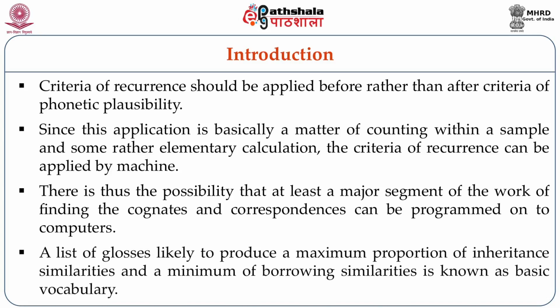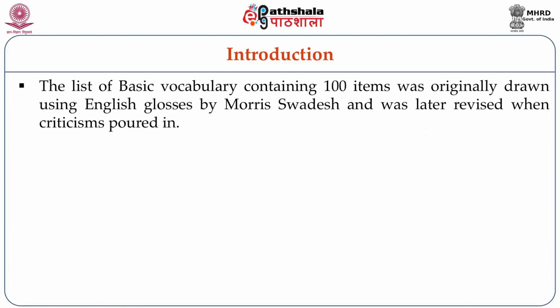A list of glosses likely to produce a maximum proportion of inheritance similarities and a minimum of borrowing similarities is known as basic vocabulary. The list of basic vocabulary containing 100 items was originally drawn using English glosses by Maurice Swadesh and was later revised when criticisms poured in.